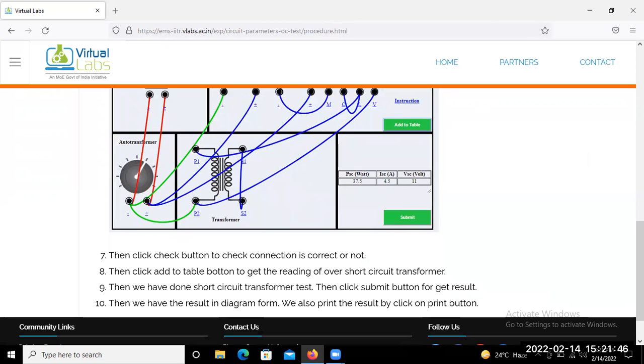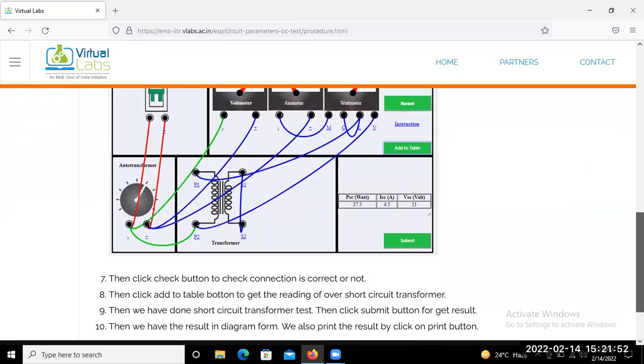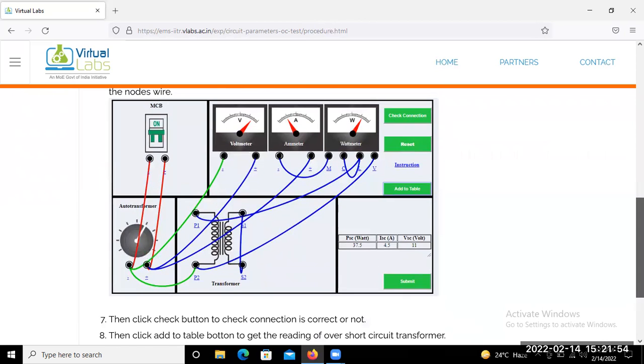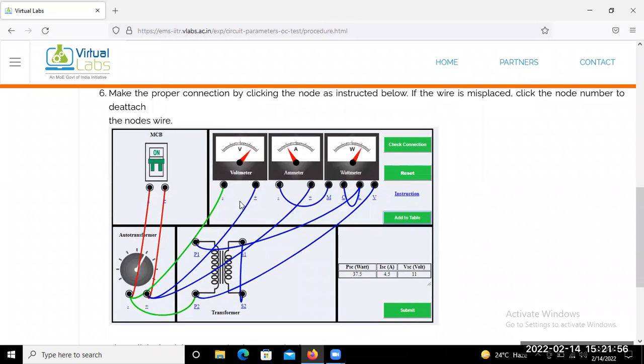This one is the connection for the short circuit. We already explained the same things a few minutes earlier. They are concerned about the connection of the instruments and which winding we require to short.